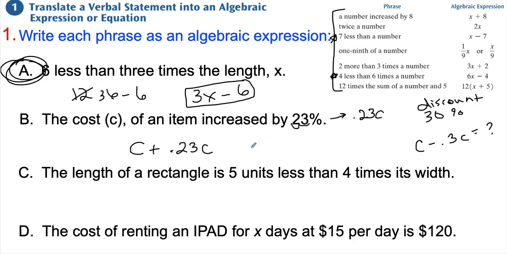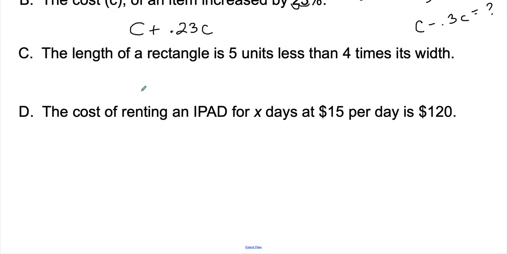Okay, so C, the length of a rectangle is 5 units less than 4 times its width. So we're comparing things to the width, all right? And we could say length equals 5 units less, and there's that "less" again, that might mess us up, 5 units less than 4 times its width.